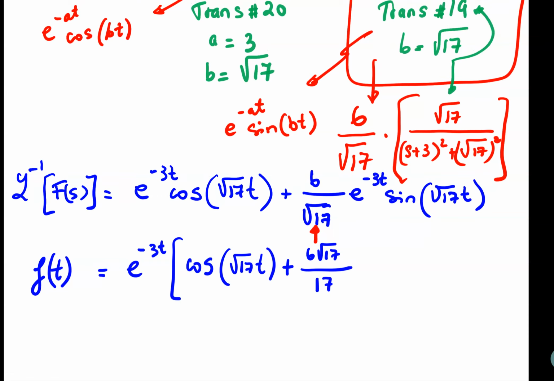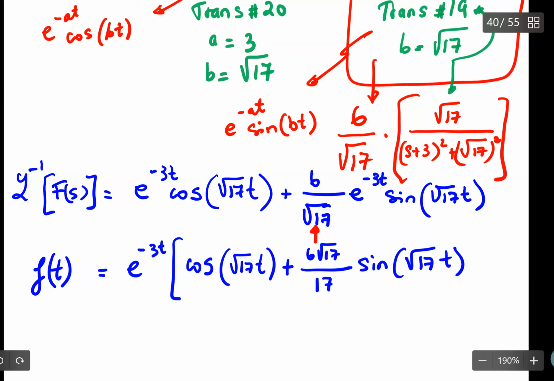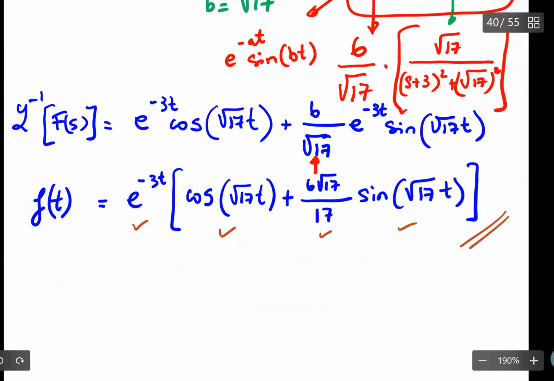That means I don't have any more radicals as the denominators. So sine of square root of 17 t as the argument. So let's double check. e to the exponent of negative 3t, cos of square root of 17t, and this term is correct. This term is correct. Then we are done. Let's move on to the next question.